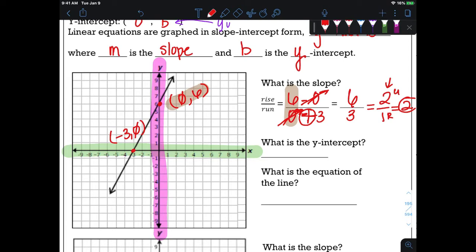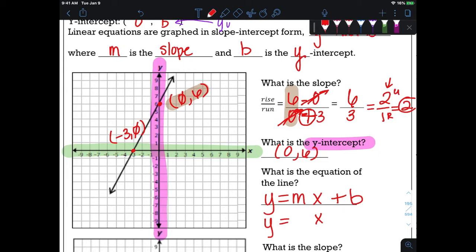All right, we've already identified our y-intercept. It's of course associated with our range, 0, 6. Now I'm going to figure out what is my equation. So y equals mx plus b. y equals something times x.